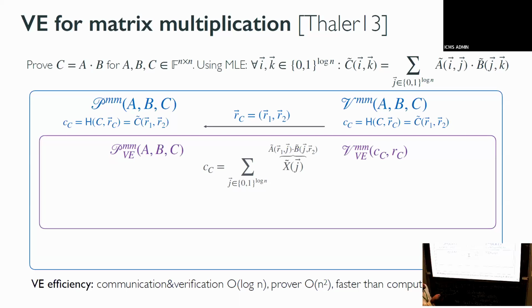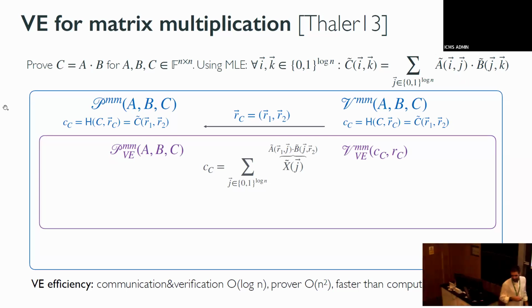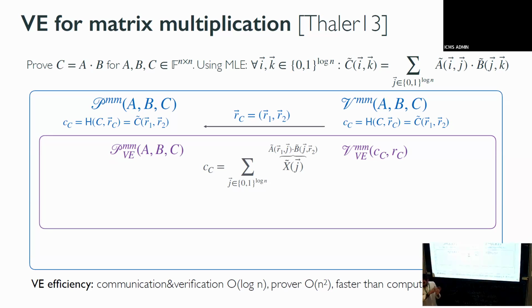We are replacing i with R1 and k with R2. Because we are now thinking of these as multilinear polynomials, it's better to think that this polynomial is the partial evaluation of the multilinear extension of A on R1, and this is the partial evaluation of the multilinear extension of B on R2, on the second half of the log n variables.